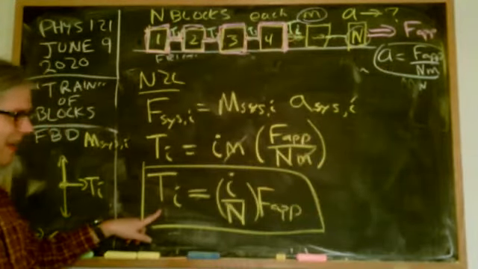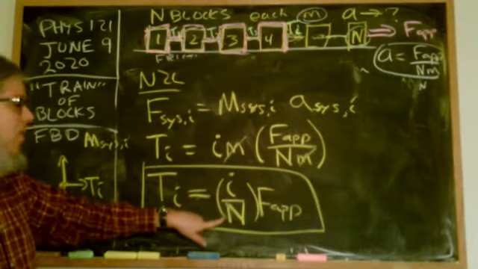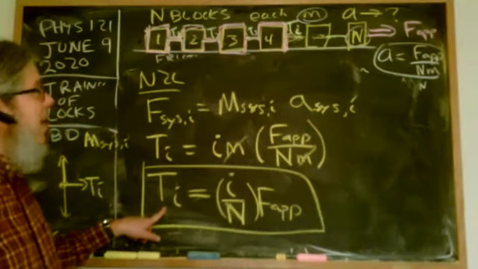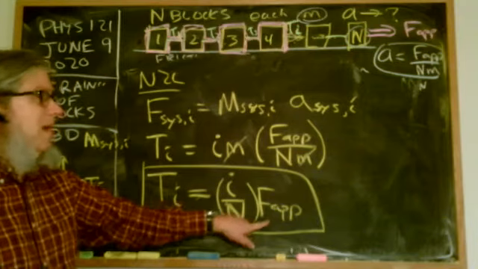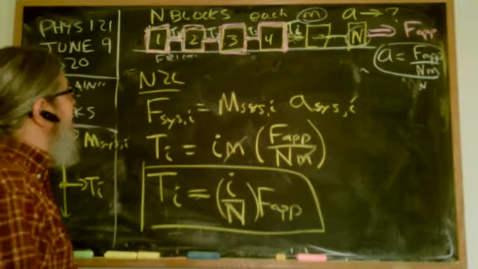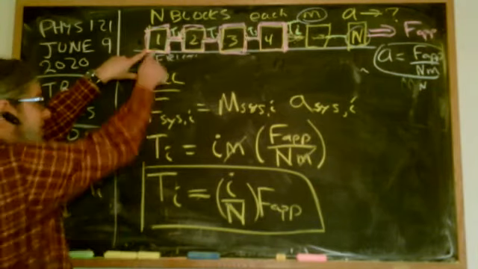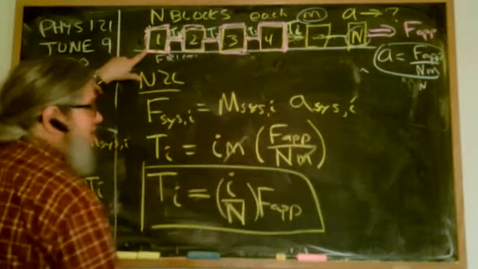Let's stare at this a little second, and let's make sure it makes sense. That's a ratio of 2 pure numbers times a force, so that's a force. That's great. Notice that this answer doesn't depend on the value of the mass of the blocks. It just depends on the value of the applied force. Notice that if I pick i equals 1, then the tension on the first block is 1/nth of the applied force on the last block.